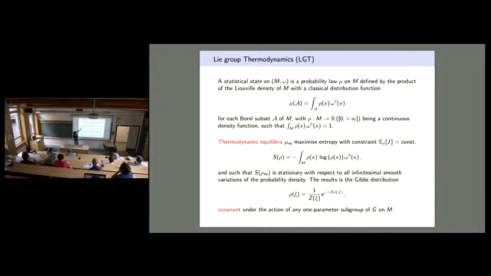Now, this has to be related to a probability. A way to select a specific statistical state, which we call Maxwell-Boltzmann for instance, is to use a maximum entropy principle.